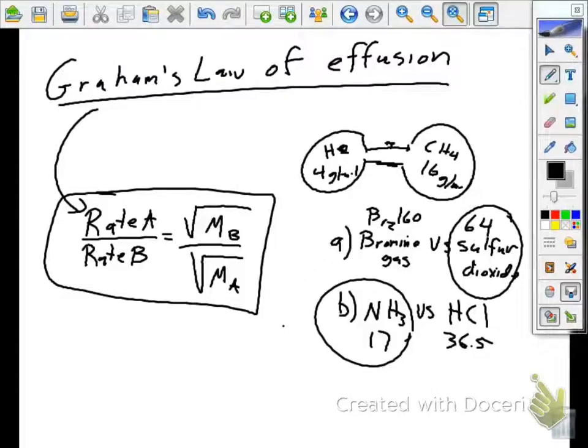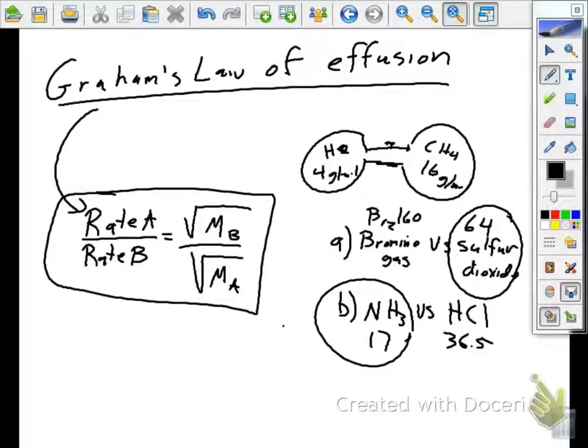All right. Now the first one's going to be easy. The second one, I have to plug in your square root. So let's compare HE and CH4 and see how much faster HE is compared to CH4.